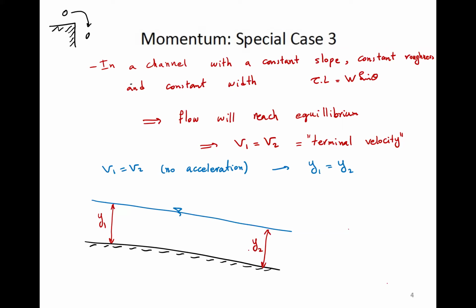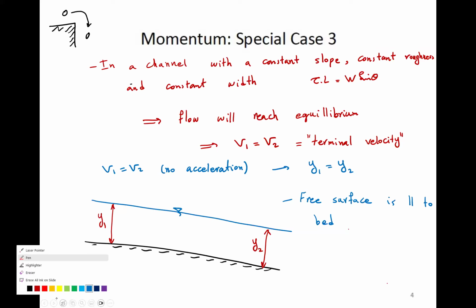If Y1 and Y2 are equal, what does it mean? It means the free surface, the water surface, is parallel to the bed. If the depth doesn't change, the distance from the free surface to the bed doesn't change, which is depth, right?